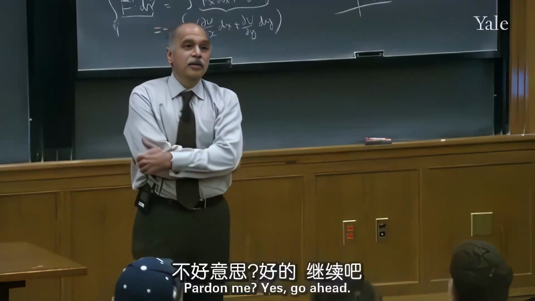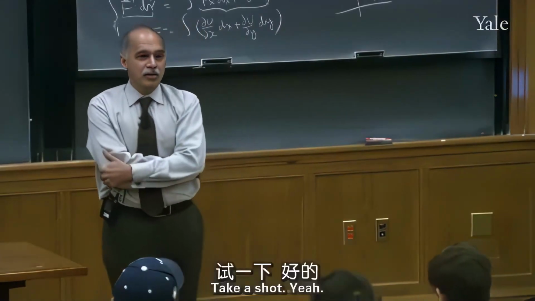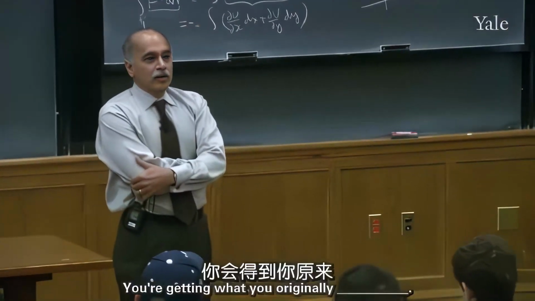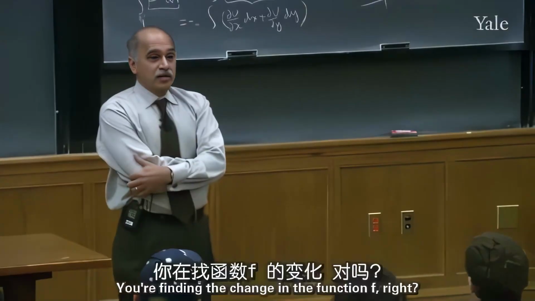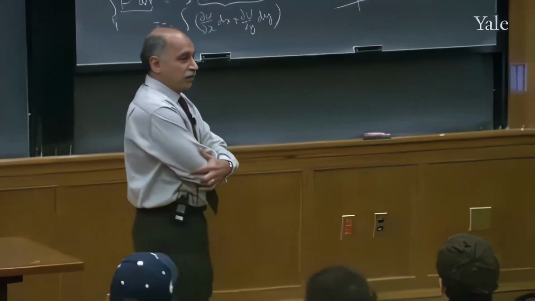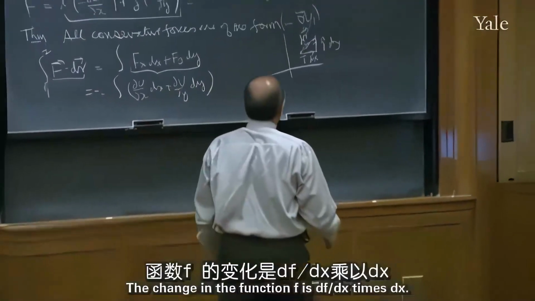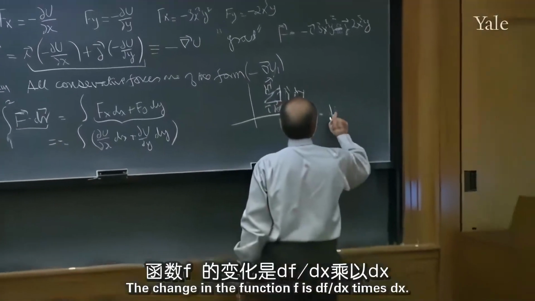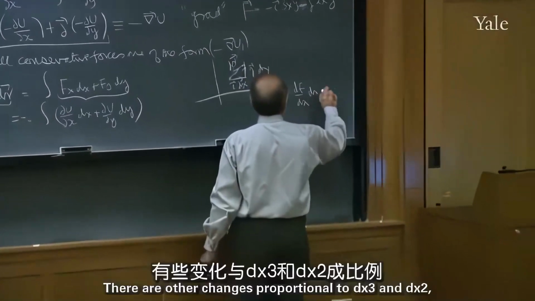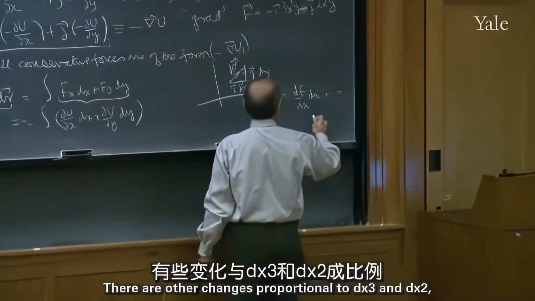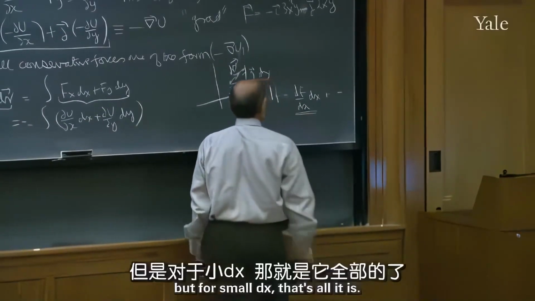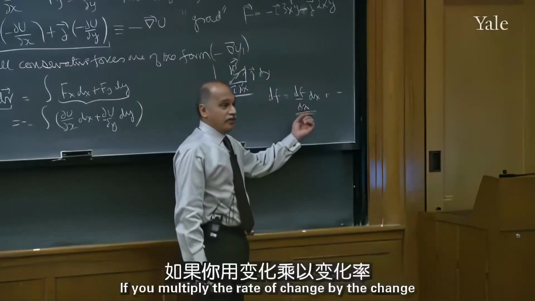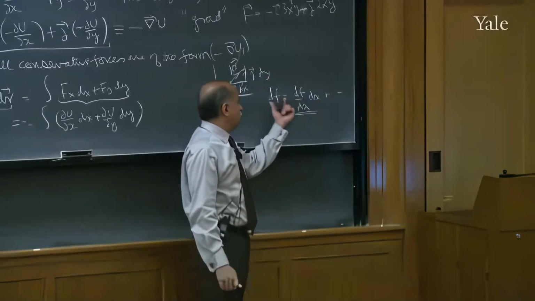You're finding the change in the function f, right? The change in the function f is df/dx times dx. There are other changes proportional to dx cubed and dx squared, but for small dx, that's all it is. That's the meaning of the rate of change. If you multiply the rate of change by the change, you get the change in the function.